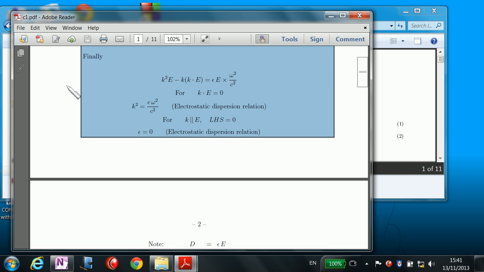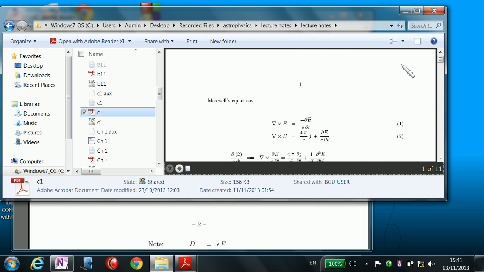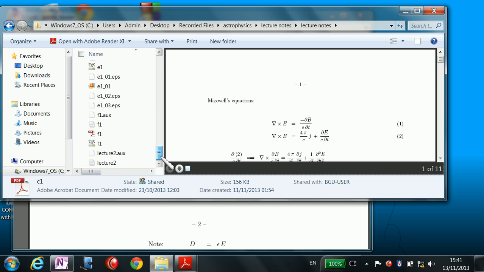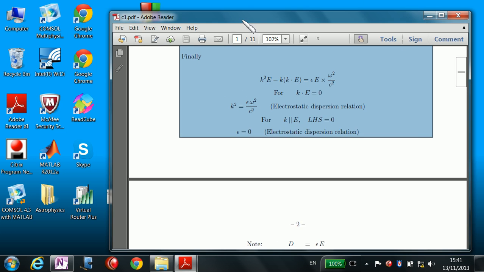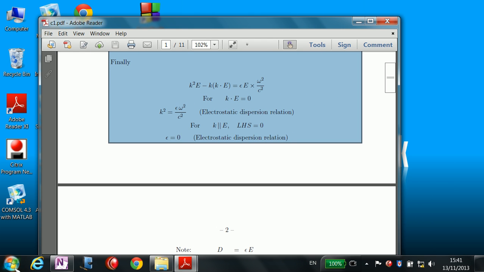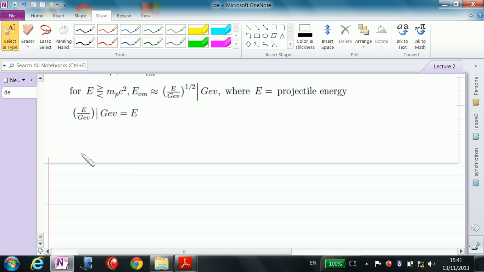Now I want to go back to OneNote. First of all, I want to minimize this. Then you have to copy the selected graph. Then in OneNote, where was OneNote? Oh, it was down here. A new page or something.